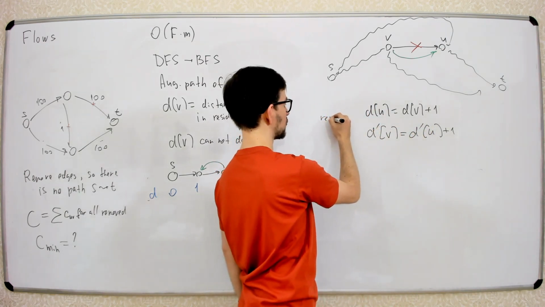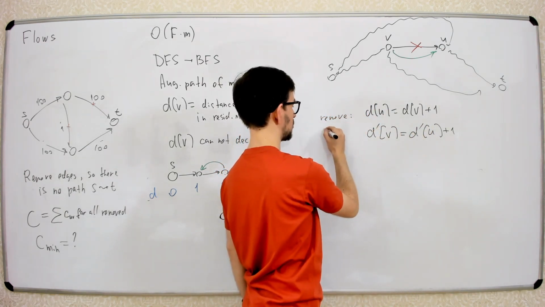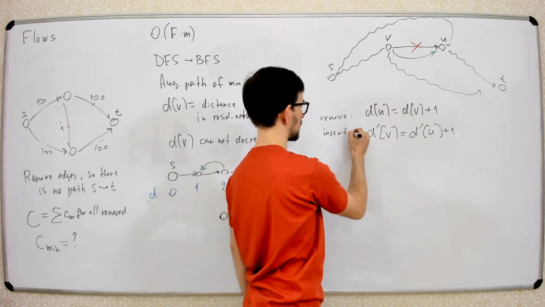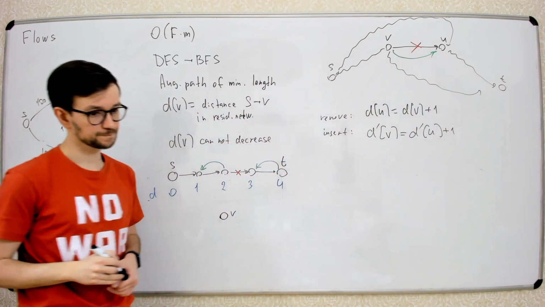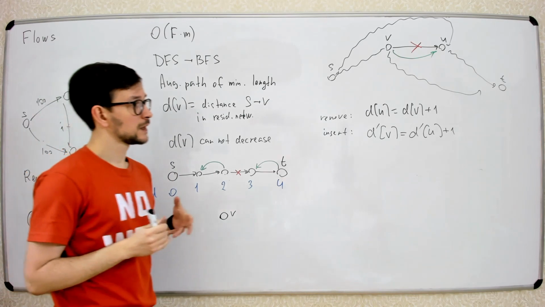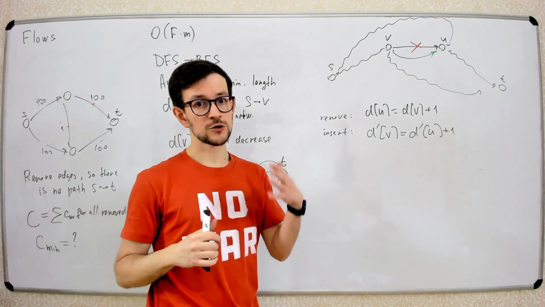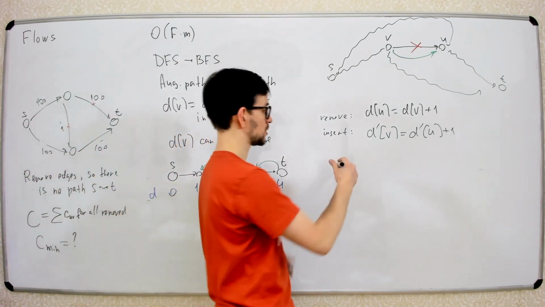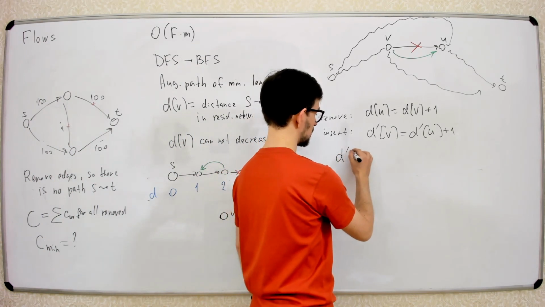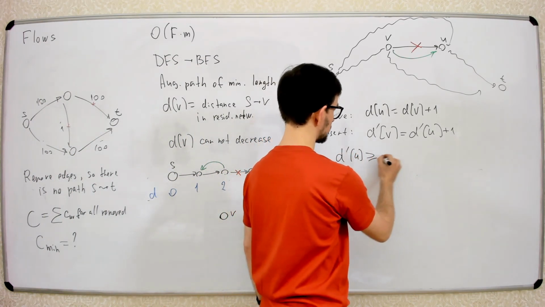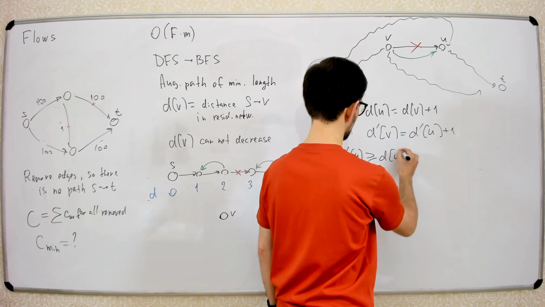So here we remove, here we insert. Now, the distances are not decreasing, so new distance of node u is greater or equal than old distance of node u, right?